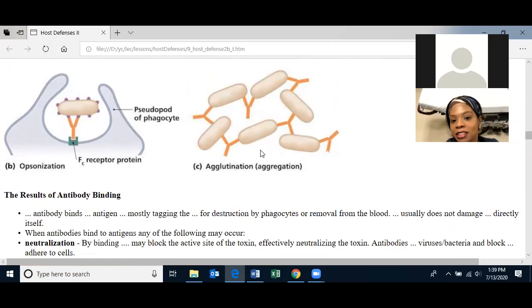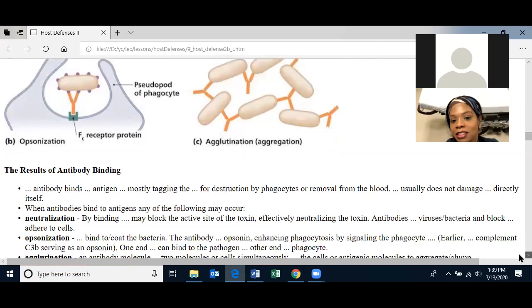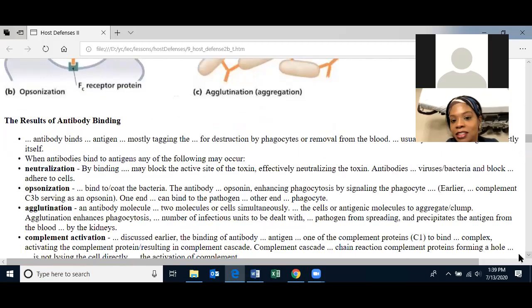So instead of the phagocyte having to look for all 6 different locations in the body, it just has to start at one end of the clump and then work its way to the other end of the clump. And so agglutination aids the phagocytes so that they can do their job of phagocytizing the pathogen.